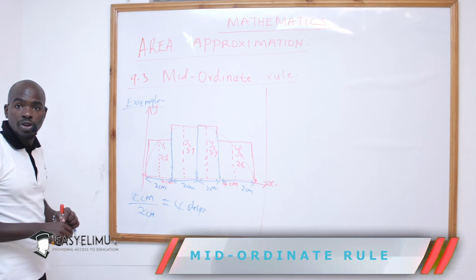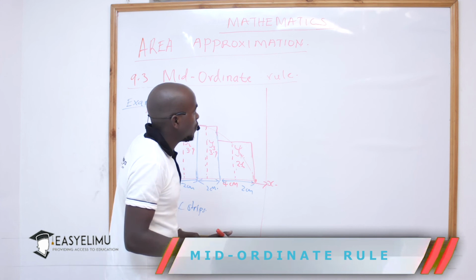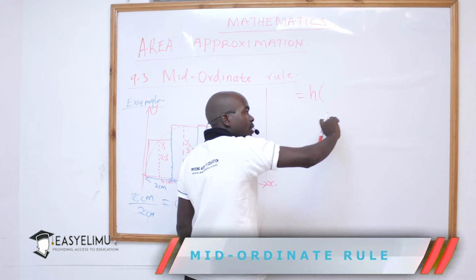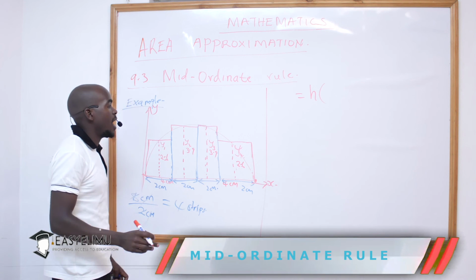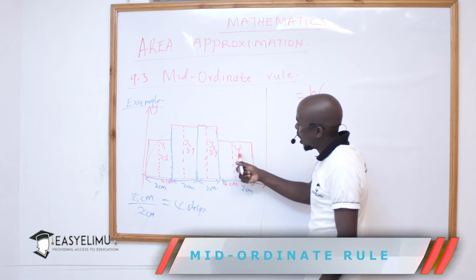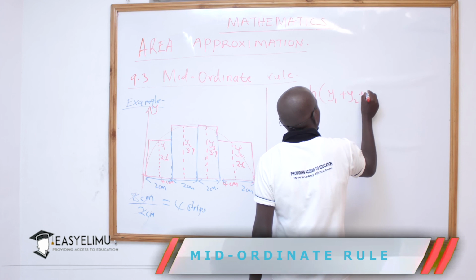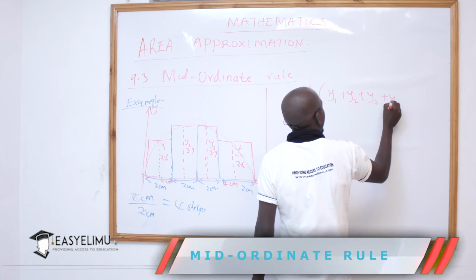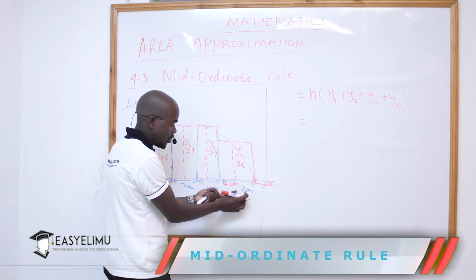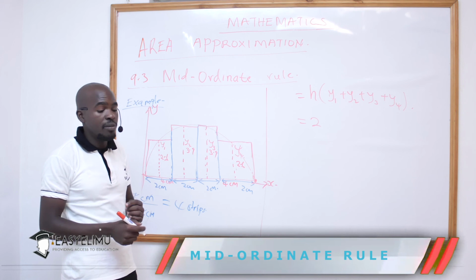After doing that, we use our formula: h times the sum of the y's. How many y's do we have here? We have 4, so it will be y1 plus y2 plus y3 plus y4. The h we found is 2, since we were told the strips should be of width 2 centimeters.